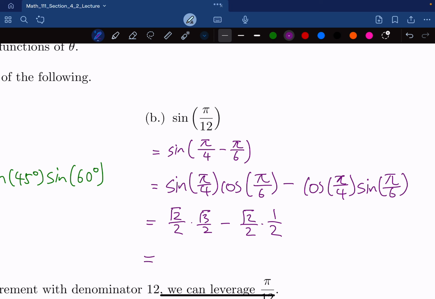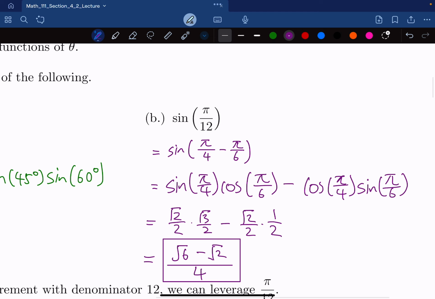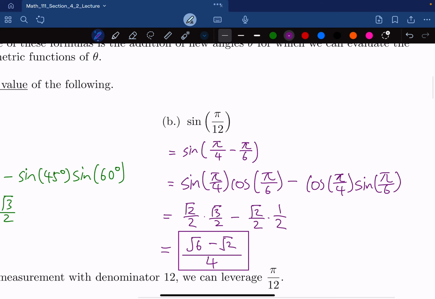And when I combine these together, very similar to the last problem, we just get radical 6 minus radical 2 all over 4. It is a very similar looking answer as before, but that's just how the formula comes out to be, and this is the final answer for this problem.